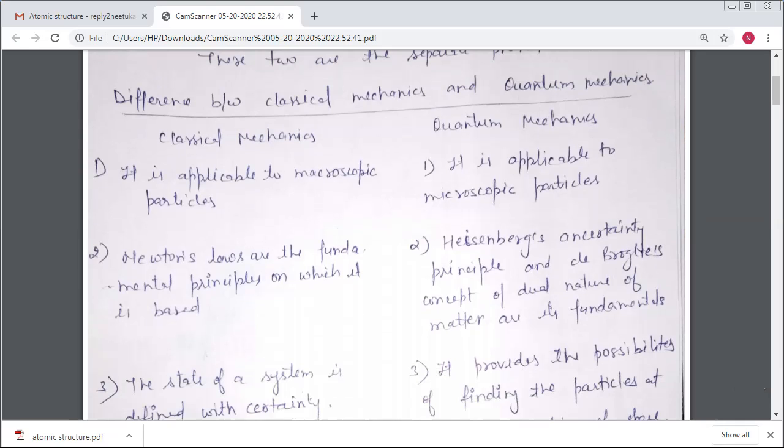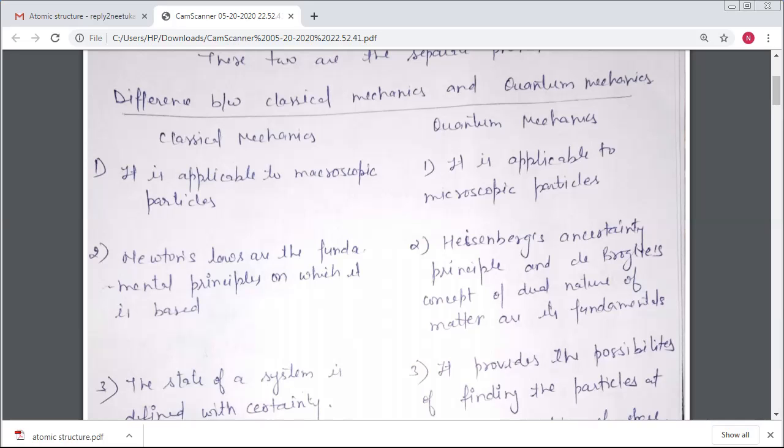Classical mechanics is based upon Newton's law. Newton's law is the fundamental base of this theory. And in quantum mechanics there are the Heisenberg uncertainty principle and the de Broglie concept of dual nature.